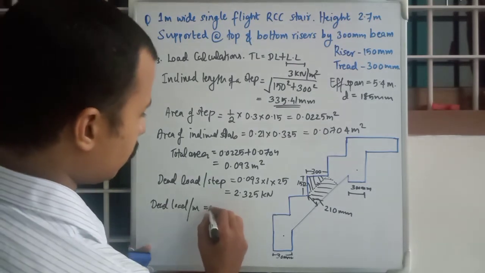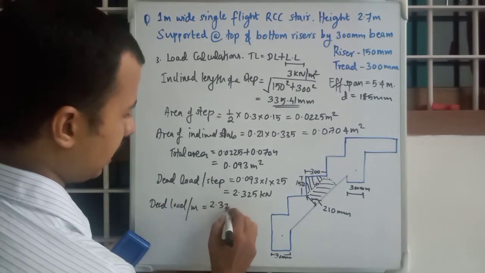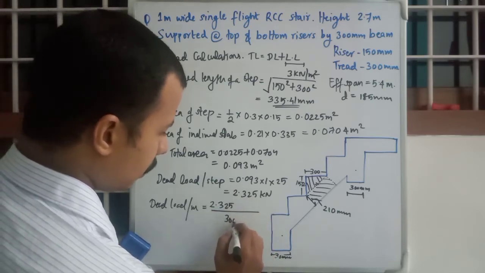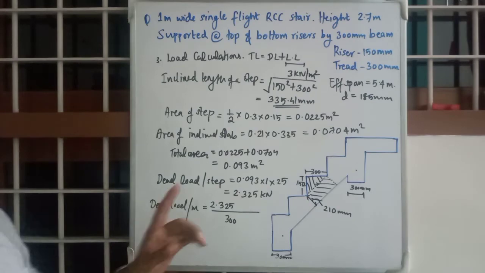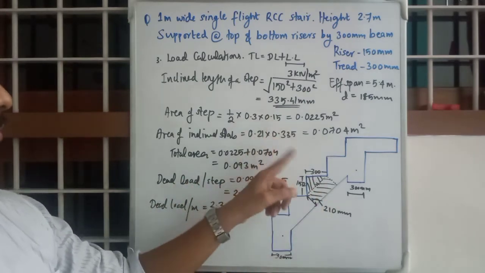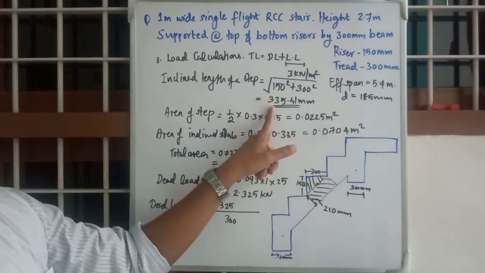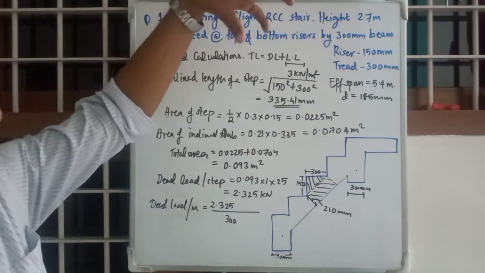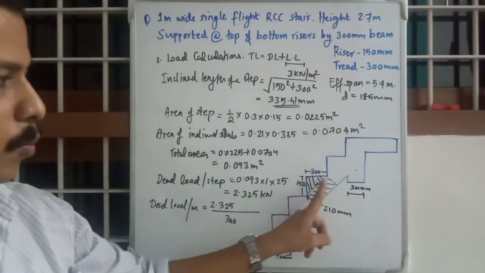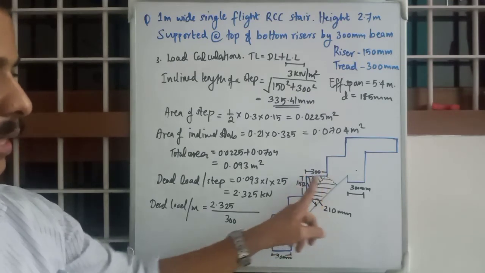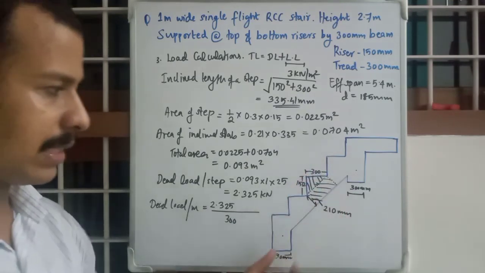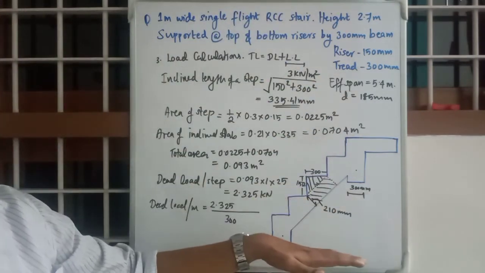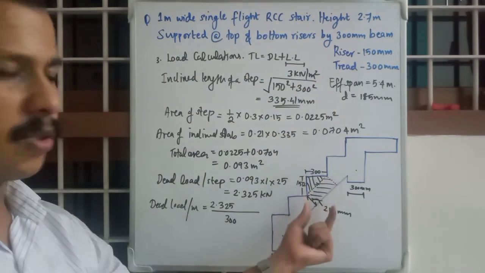Per meter will be equal to 2.325 divided by 300. Why 300 and why not 335? Because we are taking from the top portion, right? While looking from the top portion, we are only observing 300 as tread. Okay, we are not considering it as an inclined slab, we are considering it as a normal slab. So horizontal distance should be considered.